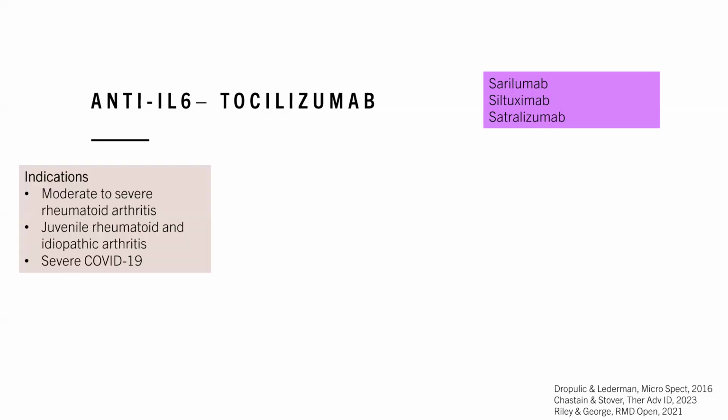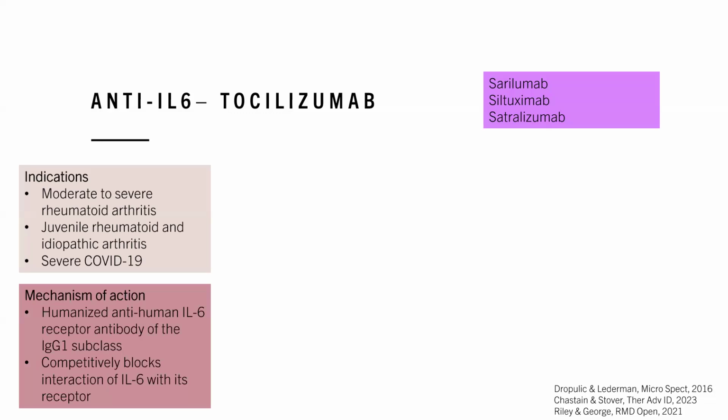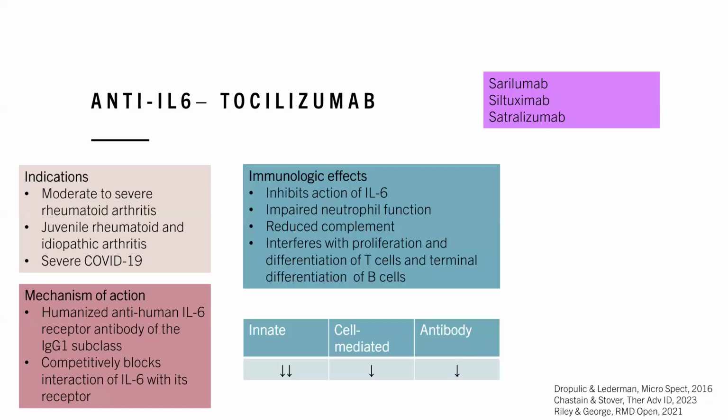So tocilizumab, you might have come into contact with it during the severe COVID period. It's directed anti-IL-6. Other drugs are sarilumab, satralizumab, and siltuximab. All of these mAbs are very difficult to pronounce. And it's used for a variety of autoimmune conditions as well as severe COVID-19, as I mentioned.